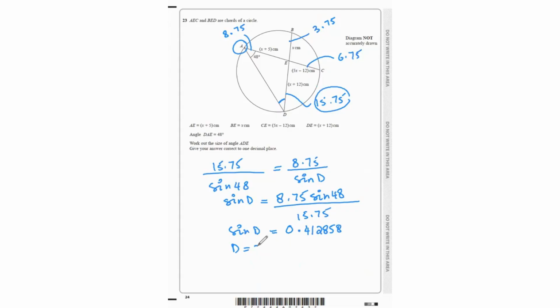Then we take sine inverse of that, which equals 24.4 degrees correct to 1 decimal place. This is your angle D.